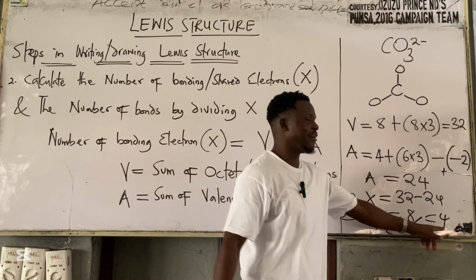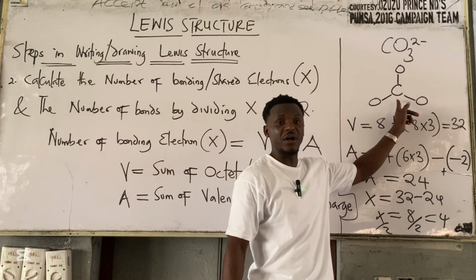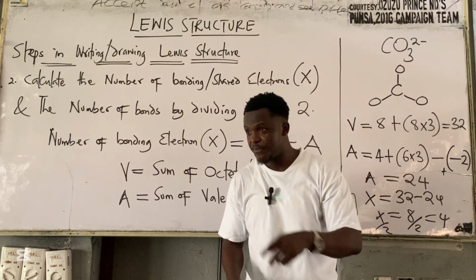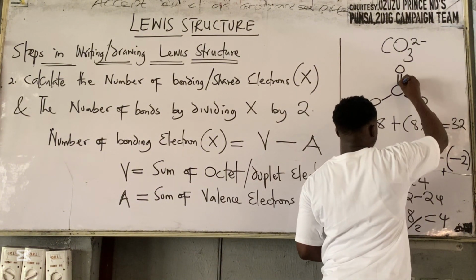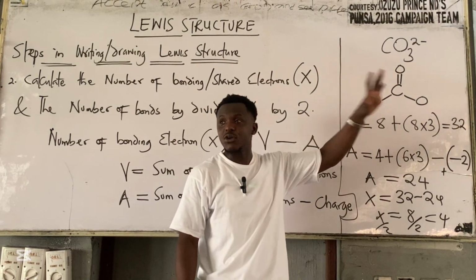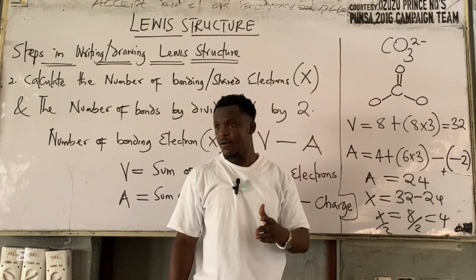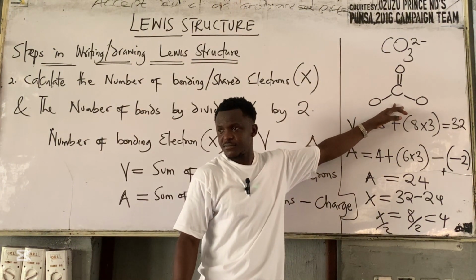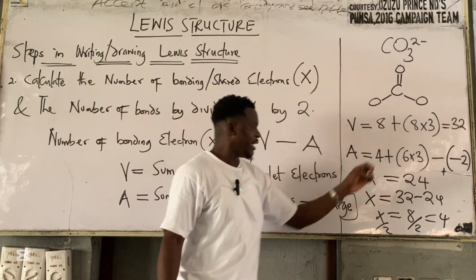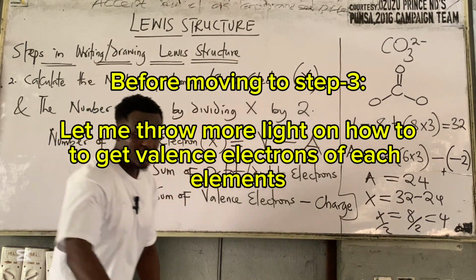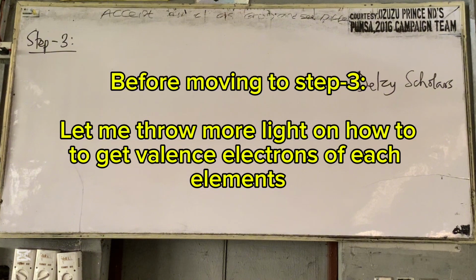Class, how many bonds do we have here? How many have I used so far? It means that this one is going to have a double bond. Is it not so? I'll come here and put this here. We are not done yet because the steps are not complete, right? But based on the first 2 steps, this is what it means. You understand? So I've shown us how we got the X and the V. Let's take it to step 3.